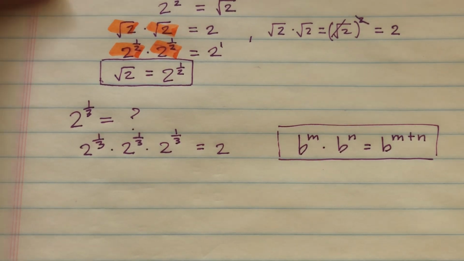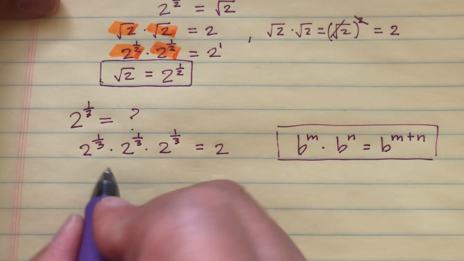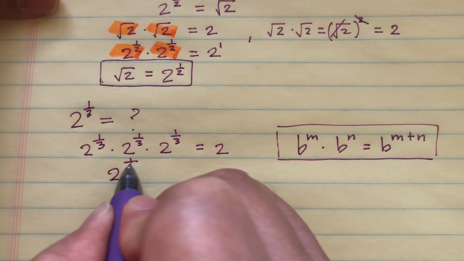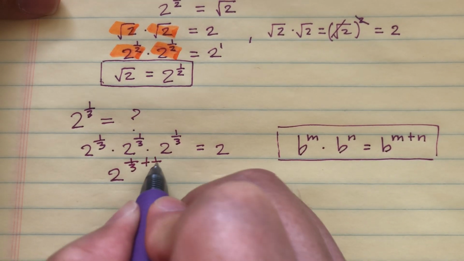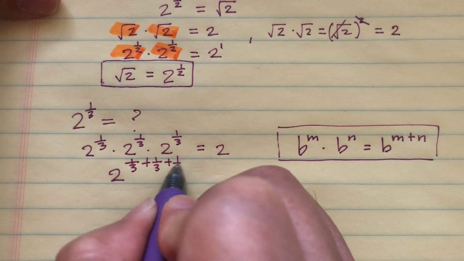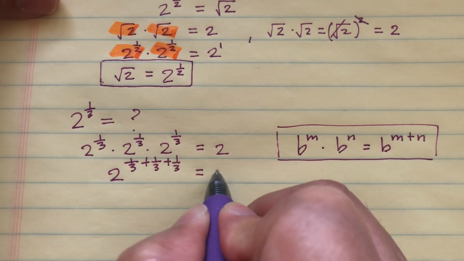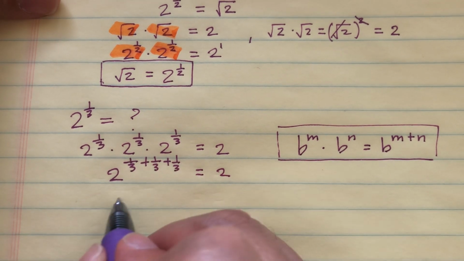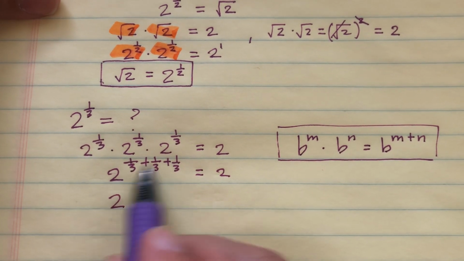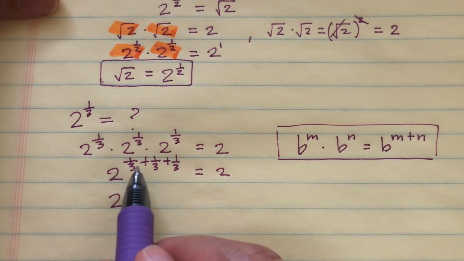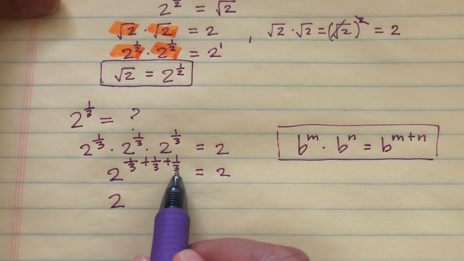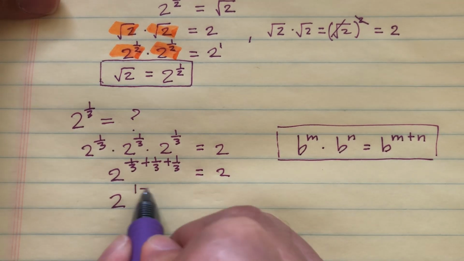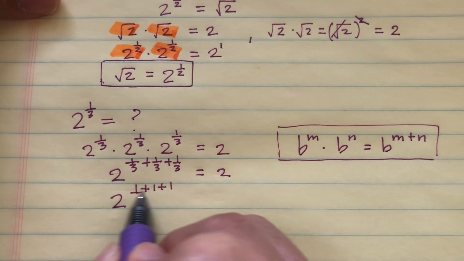What does that mean? The base is the same, so we leave the base alone, and the exponents are added together: 1/3 plus 1/3 plus 1/3. We're checking that it should be equal to 2. Since the denominators are the same, we simply add the numerators, so this is 1 plus 1 plus 1 over the common denominator 3.